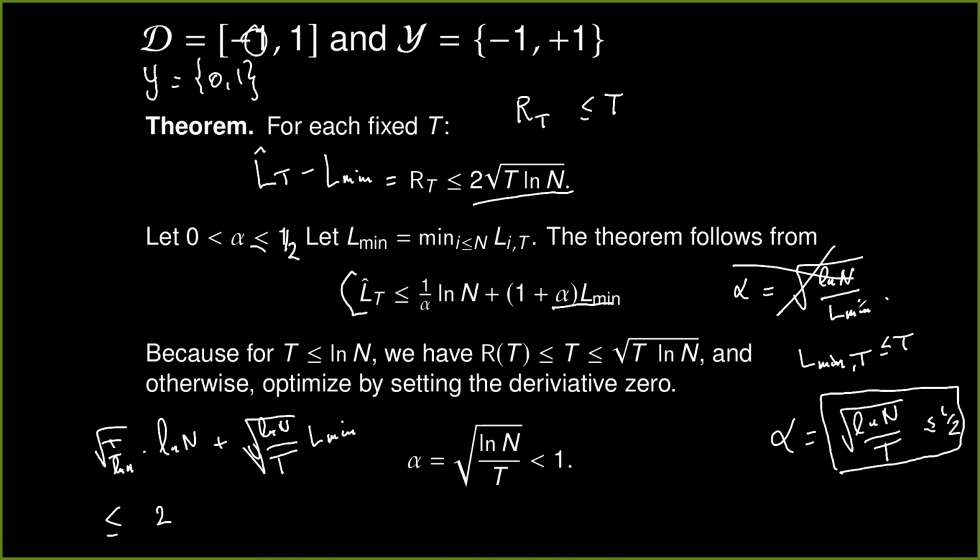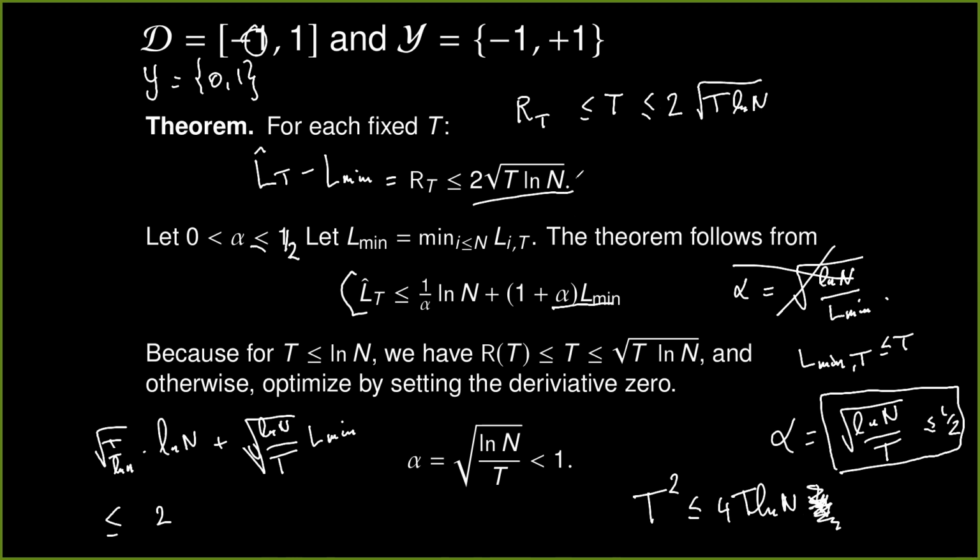And under this assumption, imagine that t is smaller than 4 times ln n. Then we have that t squared is smaller than 4 t ln n, and taking the square root, we have t is smaller than 2 times square root of t ln n.